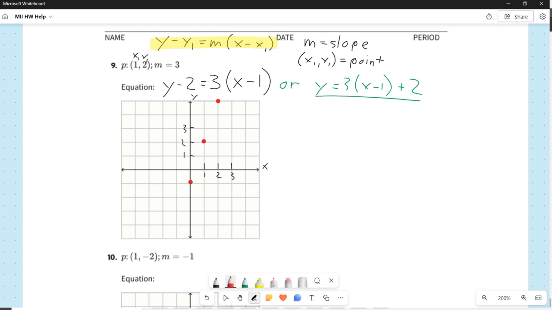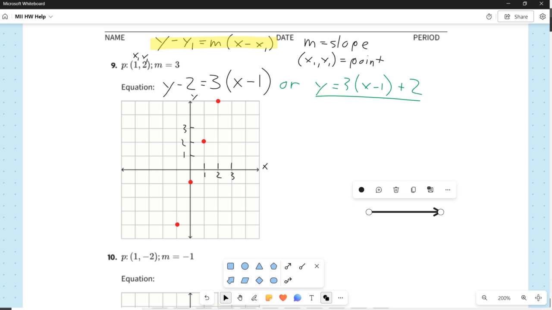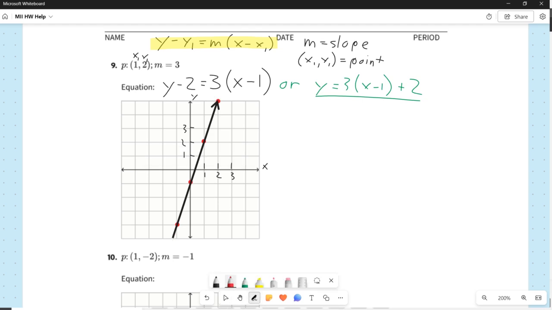Continuing, if we go down 3 and over 1 again, we get right there. And so if we're going to graph this, it's going to look like that. And that's our graph.